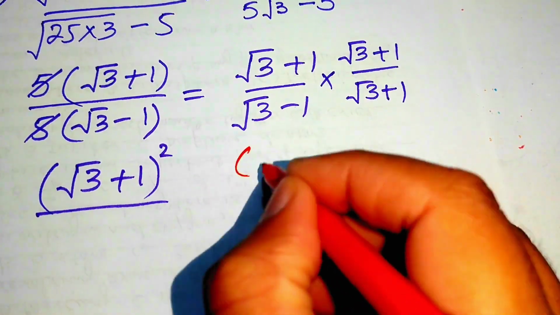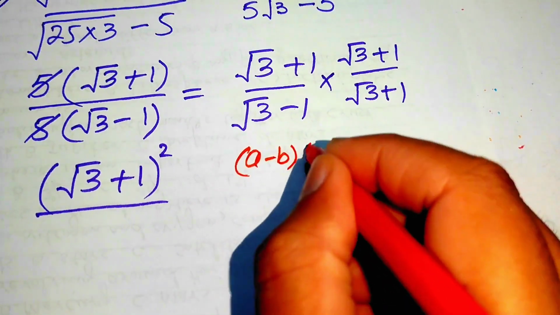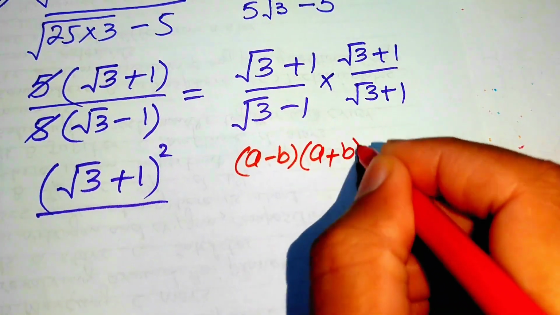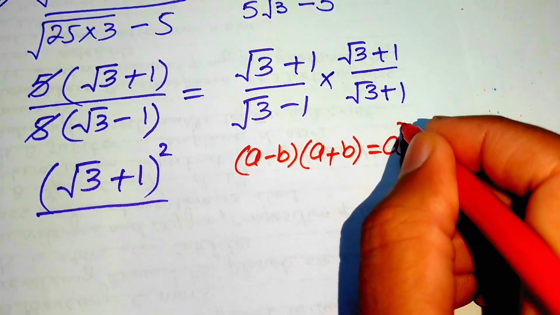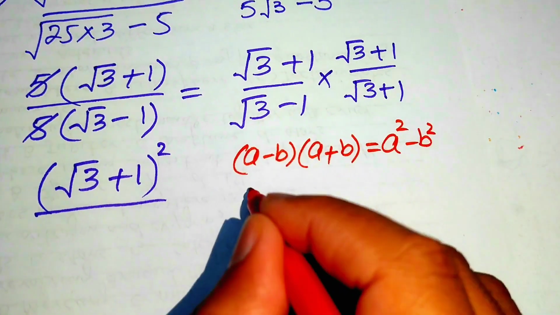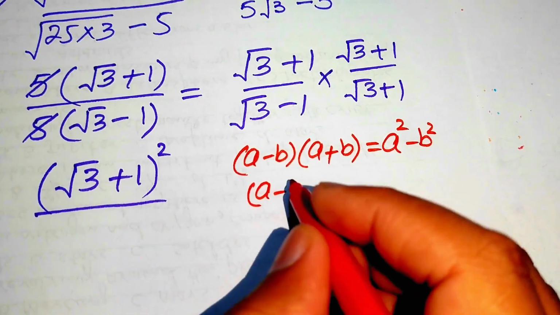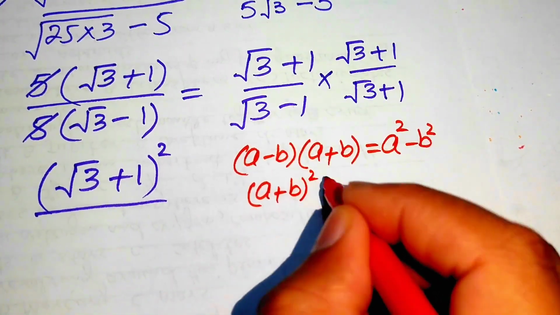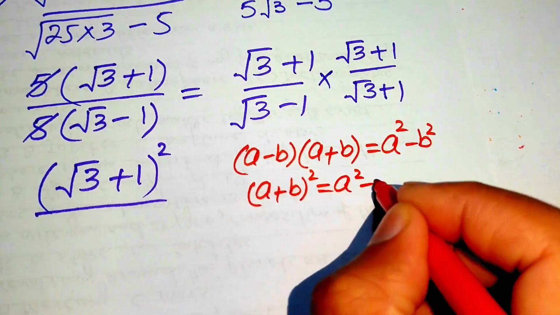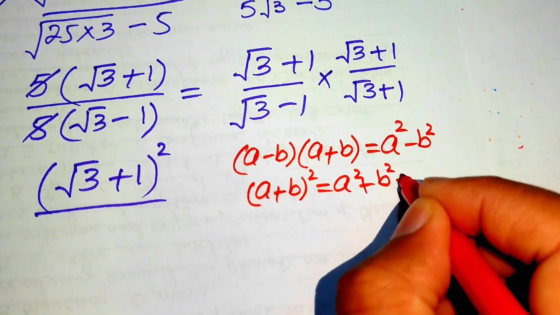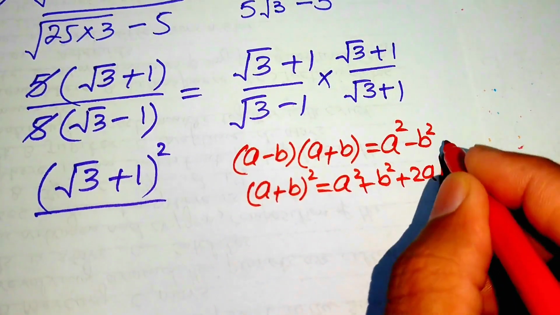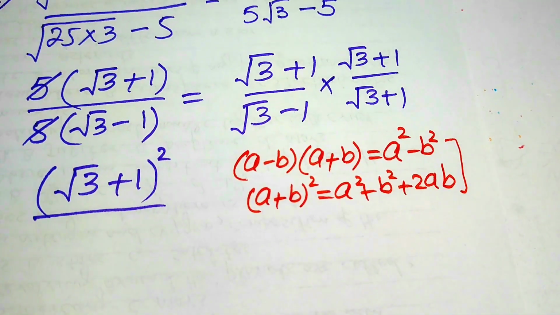So you know that a minus b times a plus b is equal to a square minus b square, and after that we use this formula, which is a plus b whole square equals a square plus b square plus 2 times ab. So here we need these two formulas.